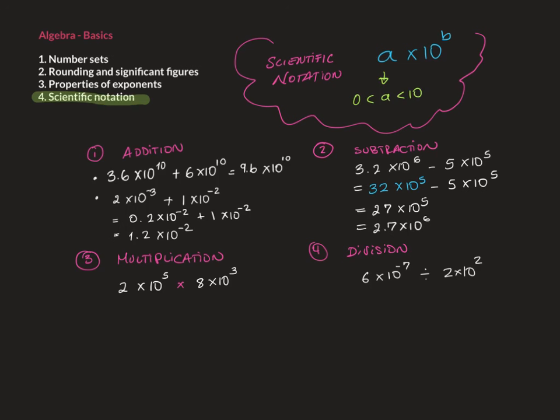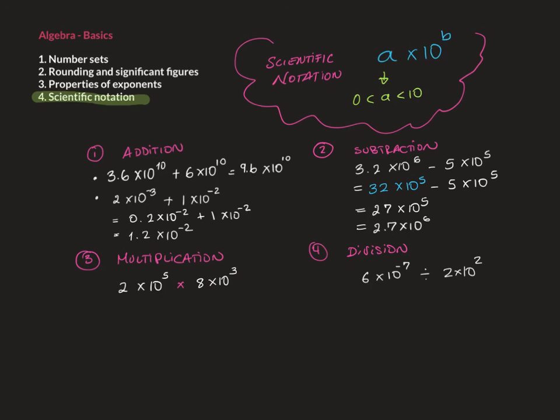Now let's finish looking at multiplication and division of numbers using scientific notation. For this part, it's going to be very important to use the properties of exponents that we discussed before. Basically, you're going to multiply the coefficients as you would normally, and then operate the exponential parts using the properties.